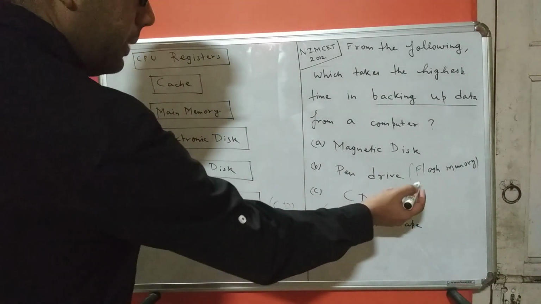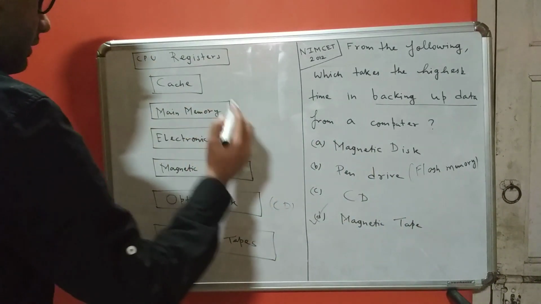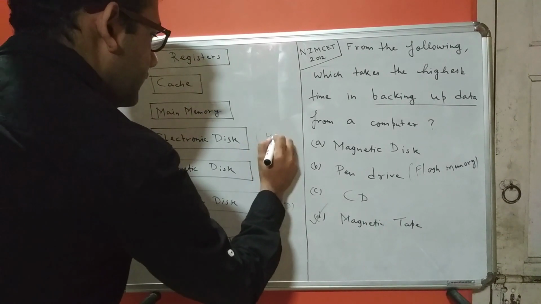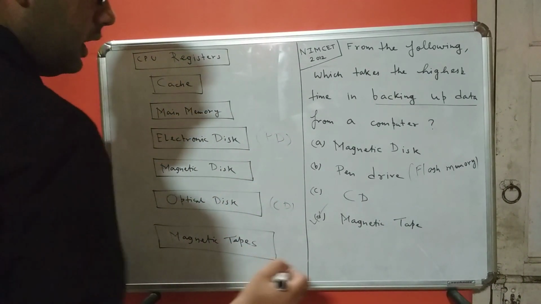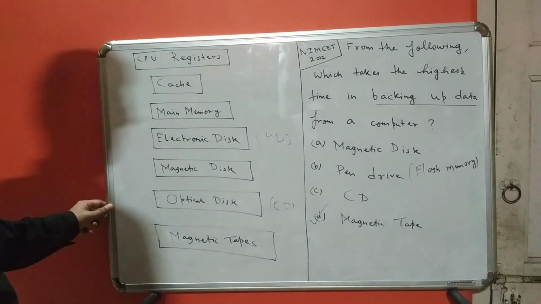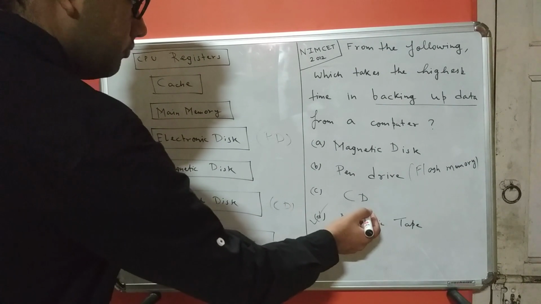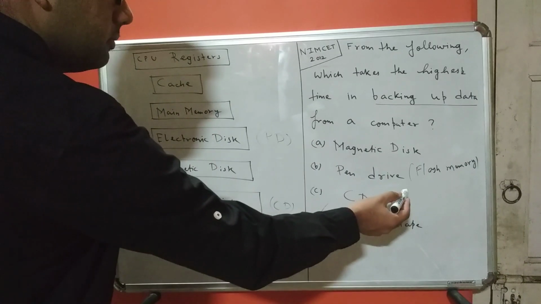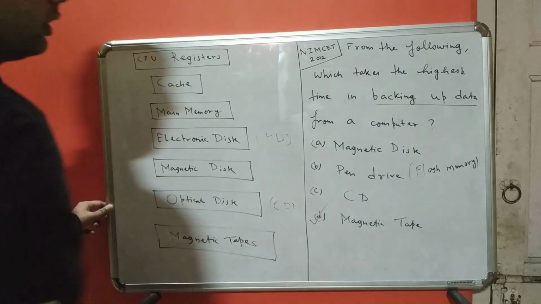And our pen drive is flash memory and will fit under electronic disk, and our magnetic tape is at the end. So the answer is magnetic tape, and we have got the categories to which pen drive and CD belong as well.